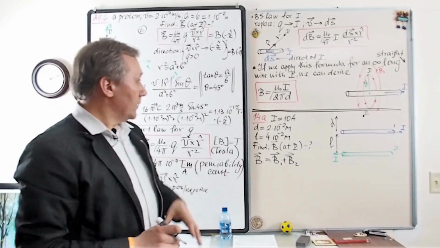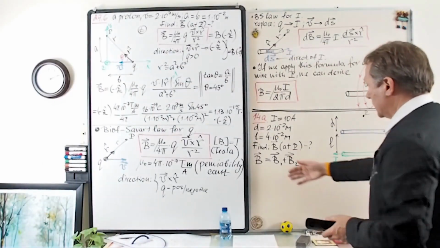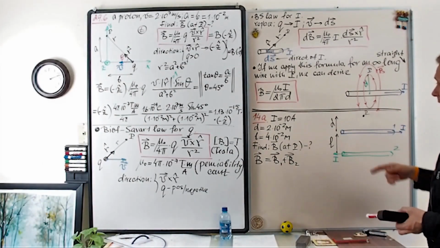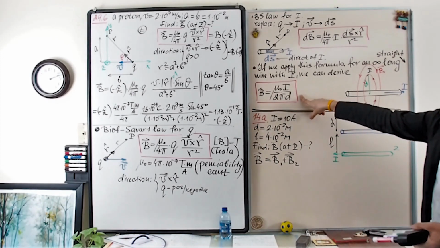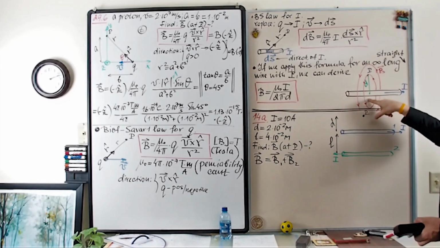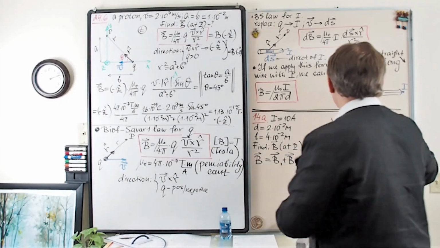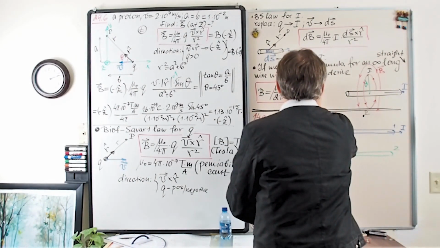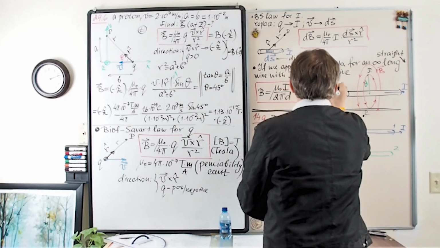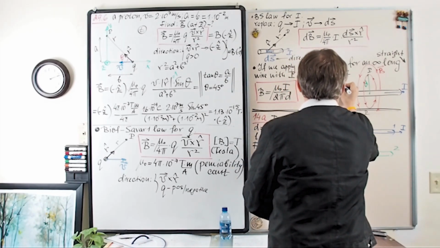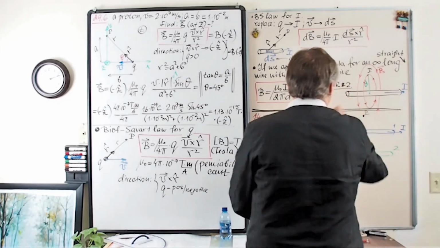Now let's find the direction of B1 and the direction of B2 at this point. So it's an application of this formula and the right-hand rule number 2. So how can we find direction? Right-hand rule number 2.